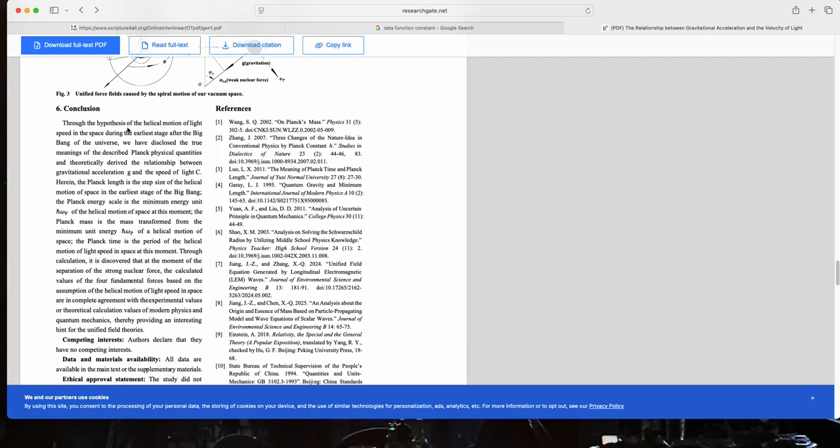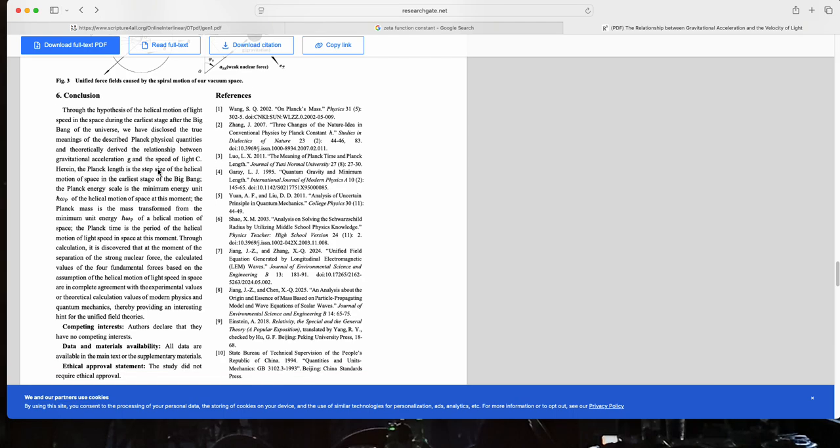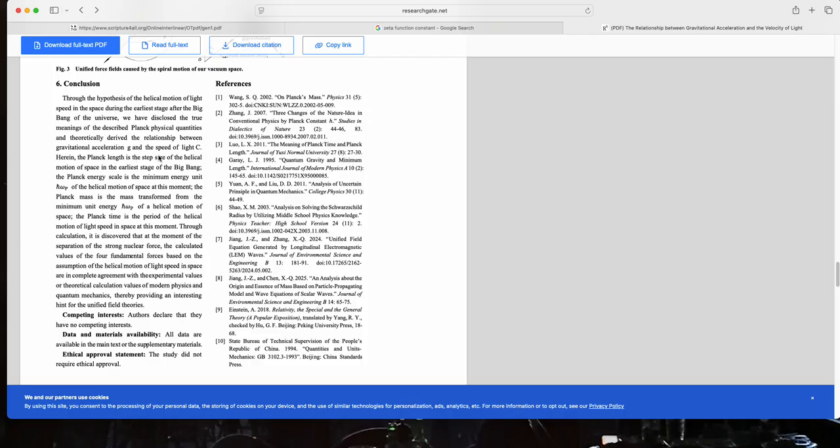So they arrive at this sort of diagram, and their conclusion is: through the hypothesis of the helical motion of light speed and the space during the earliest stage after the Big Bang of the universe, we have disclosed the true meanings of the described Planck physical quantities and theoretically derived a relationship between gravitational acceleration g and the speed of light c.